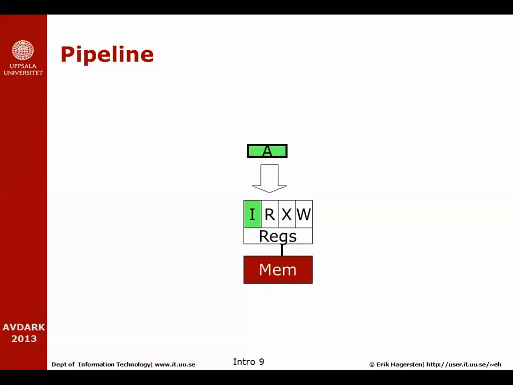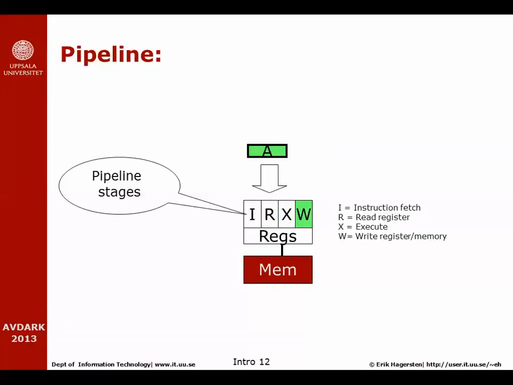So for example, if you look at a specific instruction A here, it will first be in the I stage, and then it will move to the R stage, the X stage, and then into the W stage. This is a very simplified example of a pipeline architecture, where the I stage is instruction fetch, the R stage reads register values, the X stage executes, and the W stage will write to a register or memory.